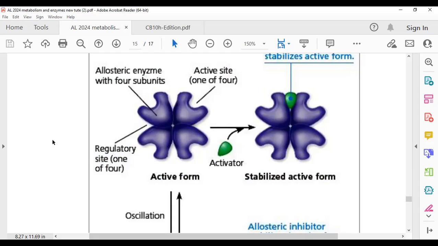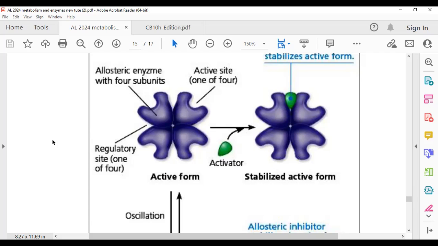In between the active sites, there are regulatory sites for the molecule. Can you see? Remember, an allosteric enzyme doesn't need to have 4 subunits all the time. Here, the example we are taking has 4 subunits. More than 1 subunit, that is the idea.